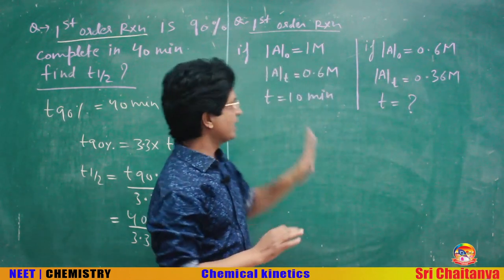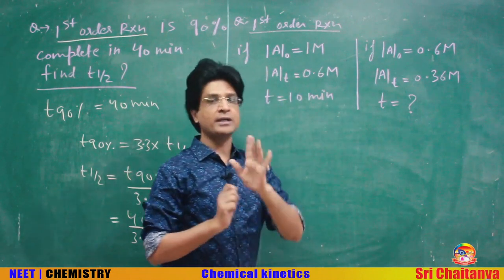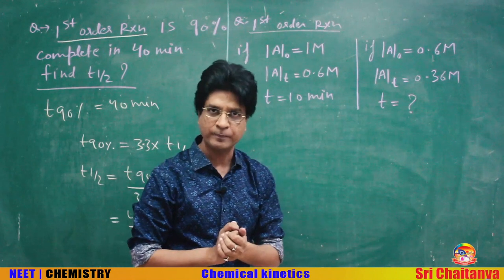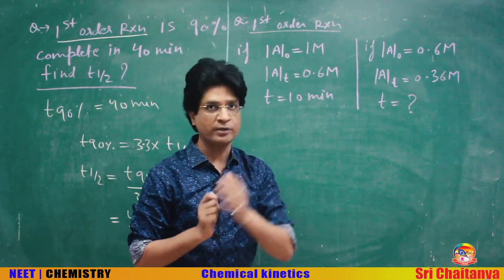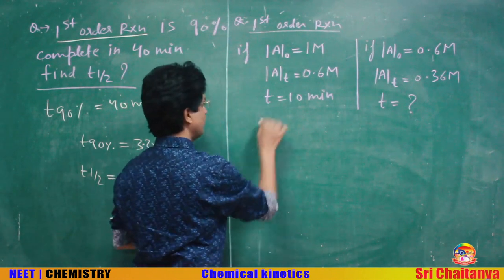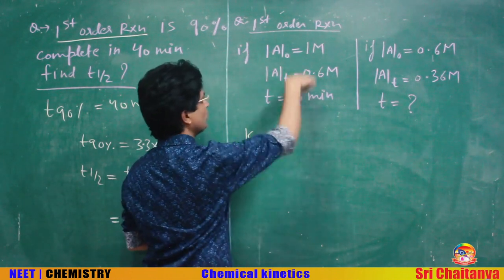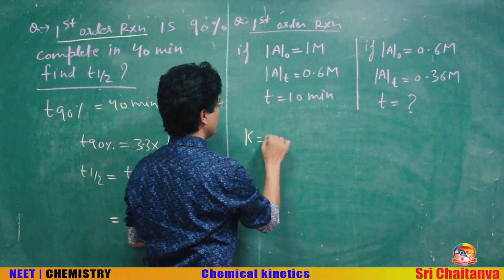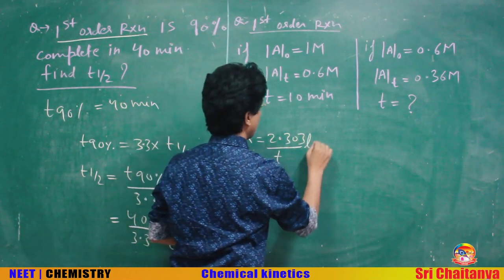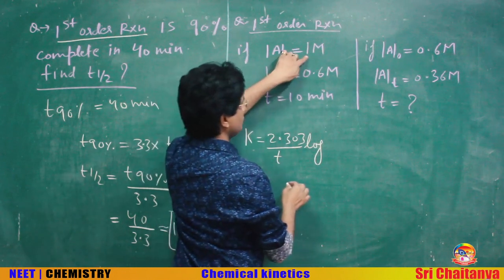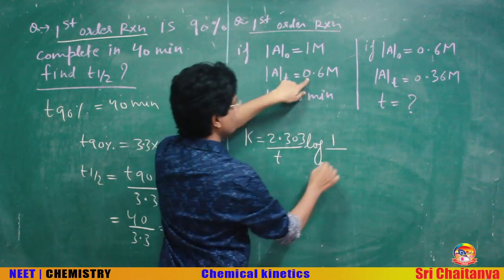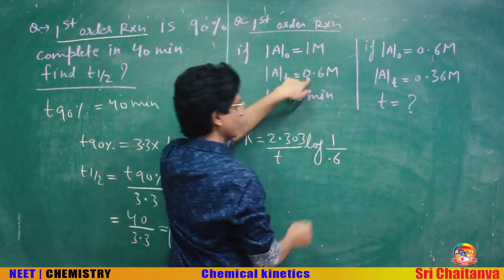Now see, for a given first order reaction, the rate constant K will not change because rate constant depends only on temperature and other things, but not on concentration, so K will remain same. So K for both of them will be same. That will be 2.303 upon T log of A naught, A naught here is 1 molar, upon 0.6 molar.